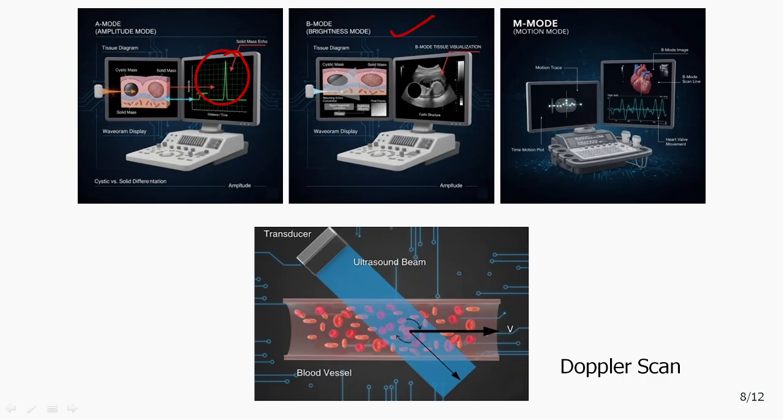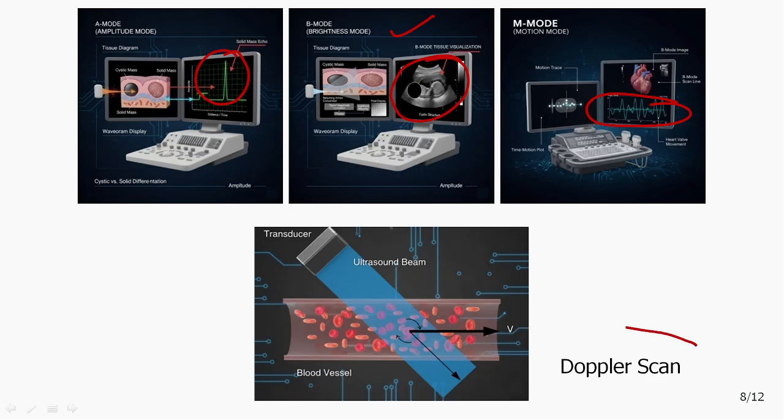Similarly, in brightness mode, we can get the brightness at different points, and you can mark here a clear picture in dotted form, meaning different points with different grayscale values. And in M mode, anything which is moving, like your valve, you can get this curve.